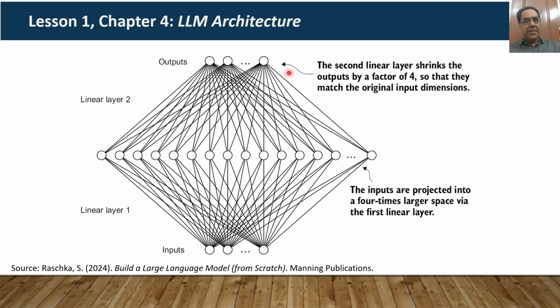Then the second layer compresses the 3072 values back into a 768 dimensional representation, expanding and contraction.